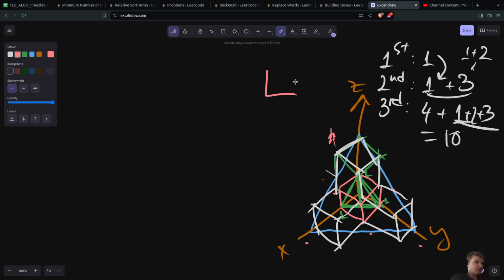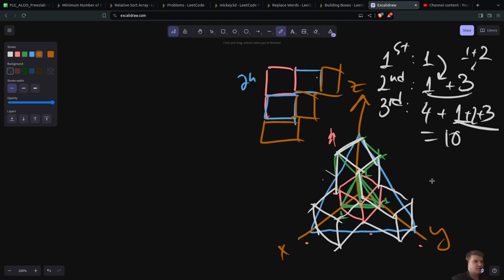If this is a box on the first level, then to cover it when we grow this triangle, we need one and two boxes on a second level, and if we grow it even further, on the third level we're gonna need three boxes, and I also need to add the previous levels.